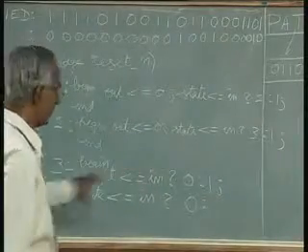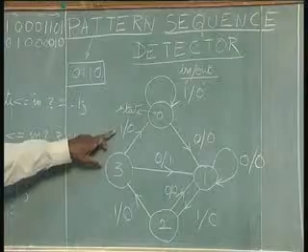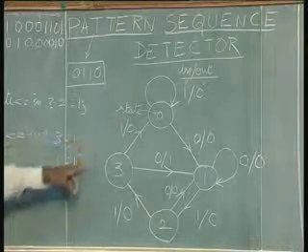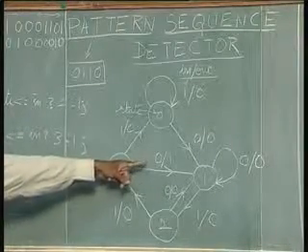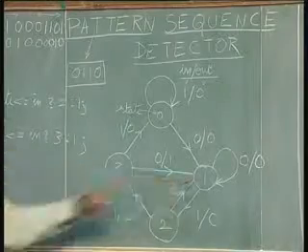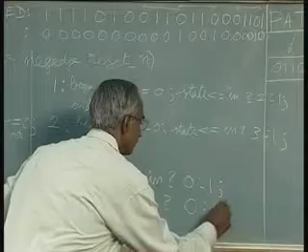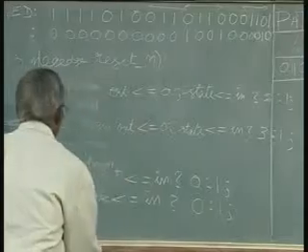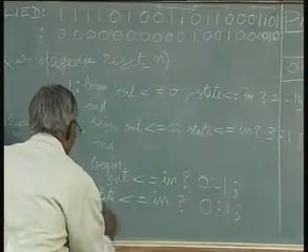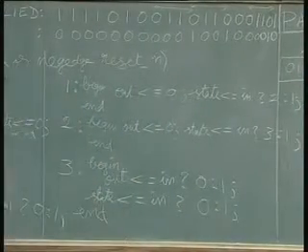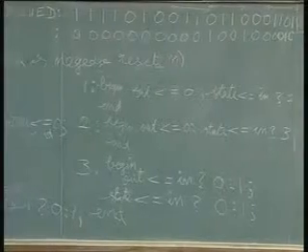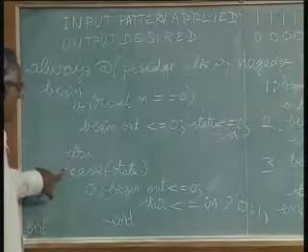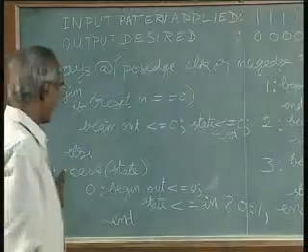We are in 3. From 3, if input is 1, you can go to 0 state. If input is 0, you go to 1 state here, right? So that's what we put here. So finally we say an end here, and there was a case here. So what we had to do is write one end case also.